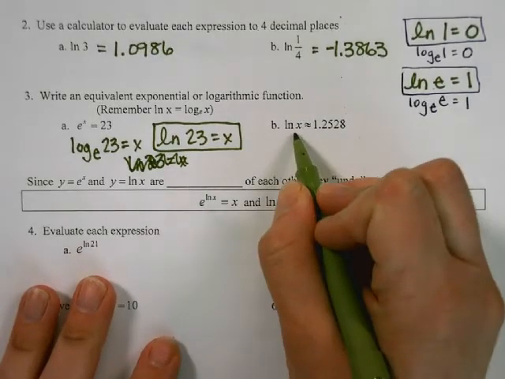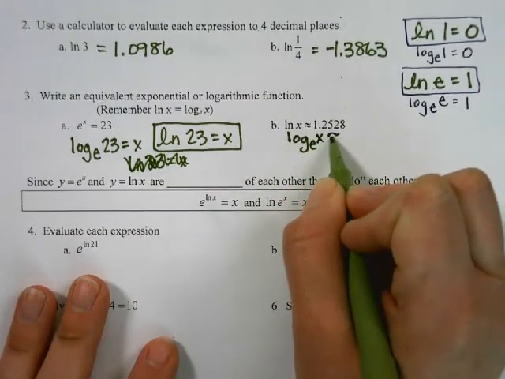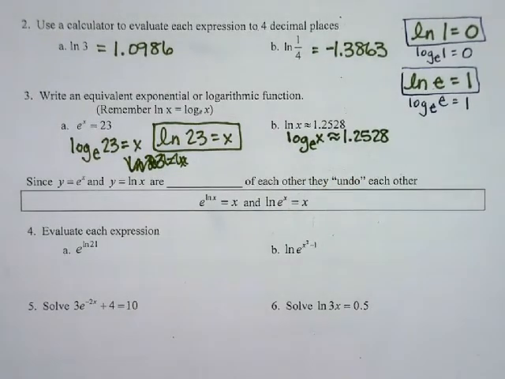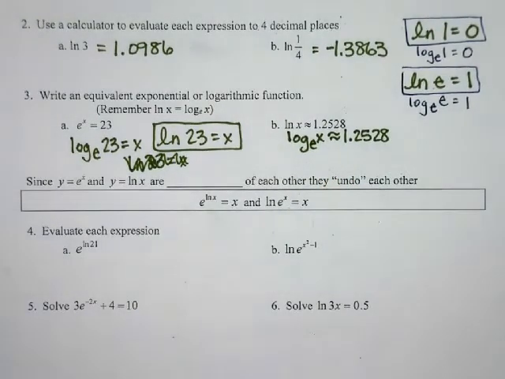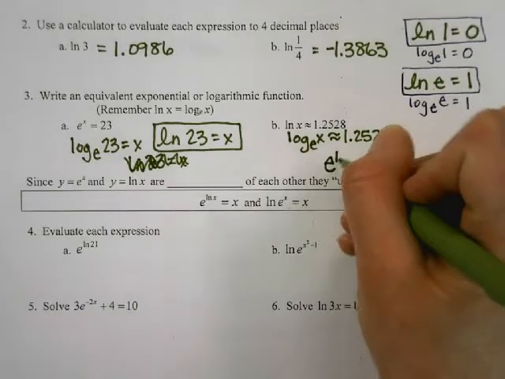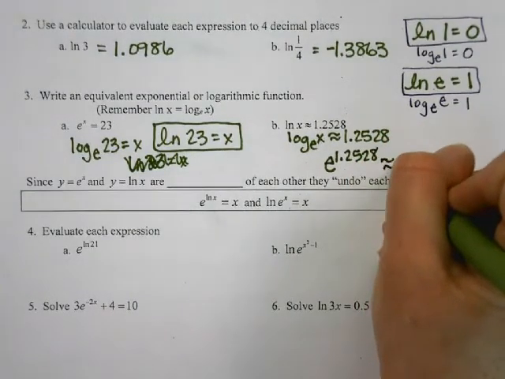Okay, well remember that the natural log of x is log base e of x. So change forms. E to the 1.2528 is about x.